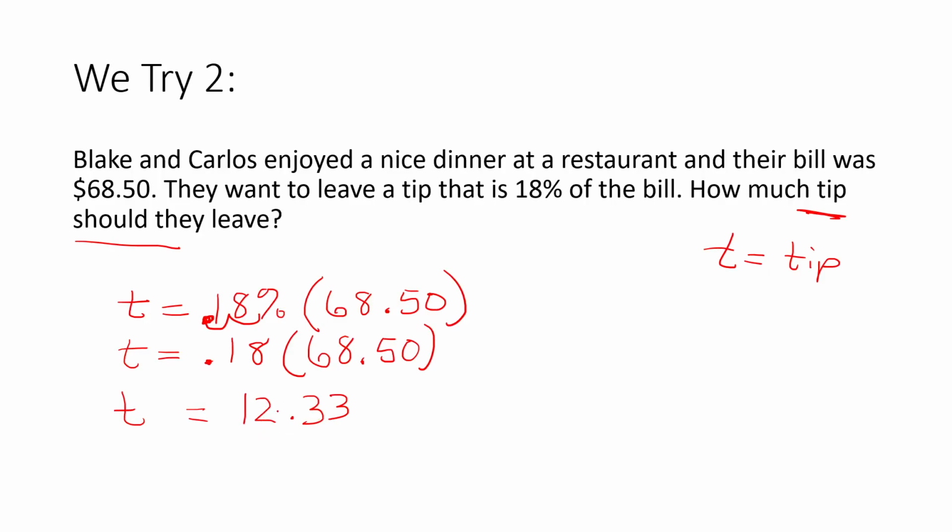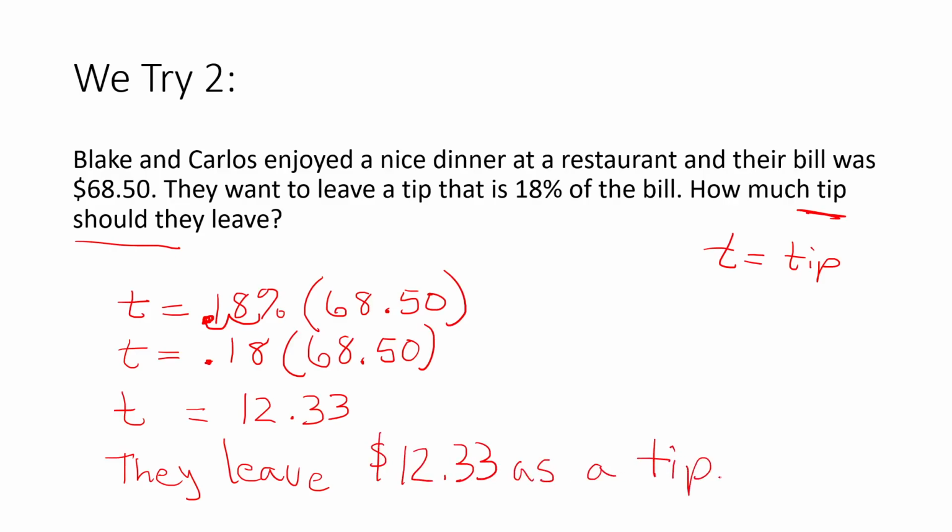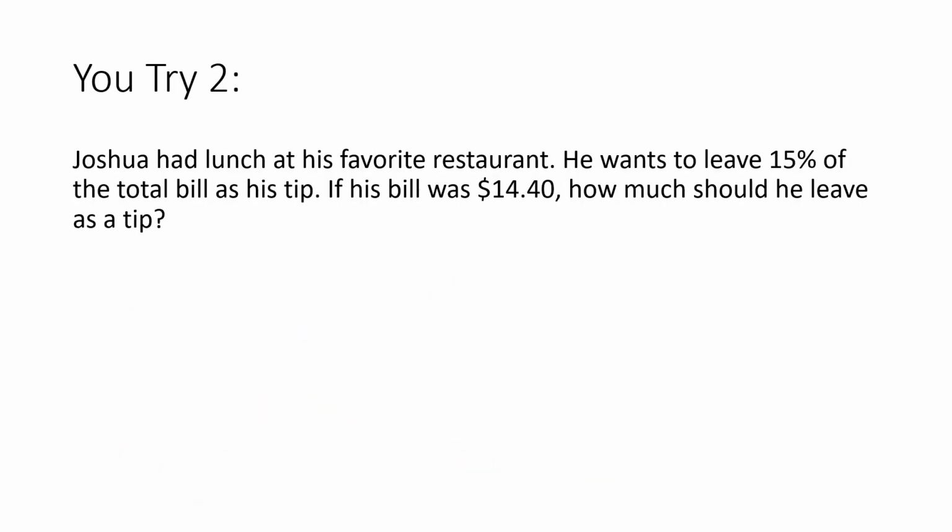Does it make sense to leave a $12 tip on a $68 meal? I believe so, because it is a pretty nice restaurant. So, let's write our answer in a complete sentence. They leave $12.33 as a tip. Okay, we did one. Now it's time for you to pause the video and try this one on your own.